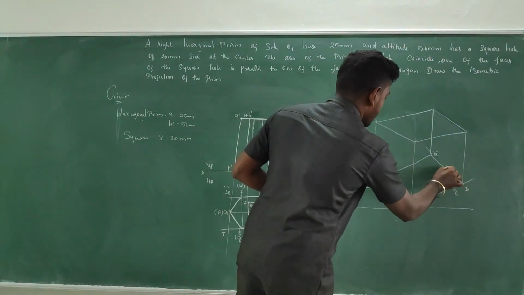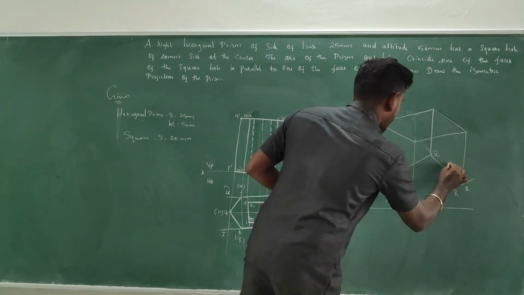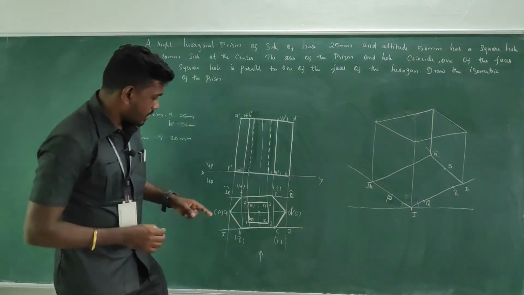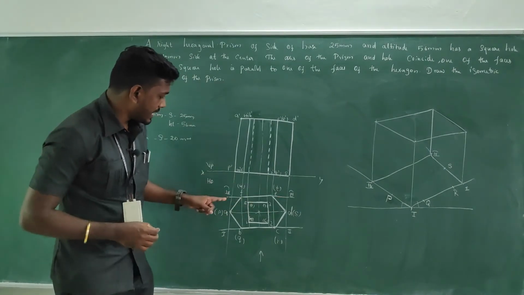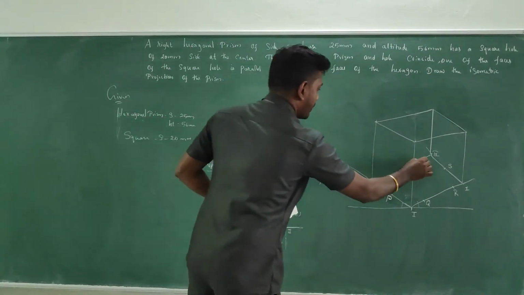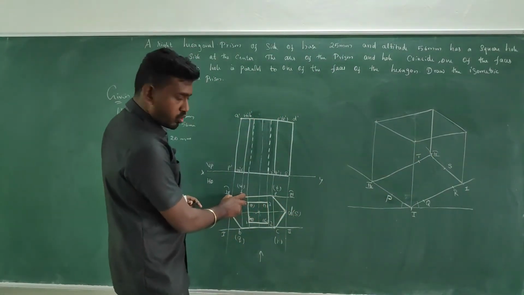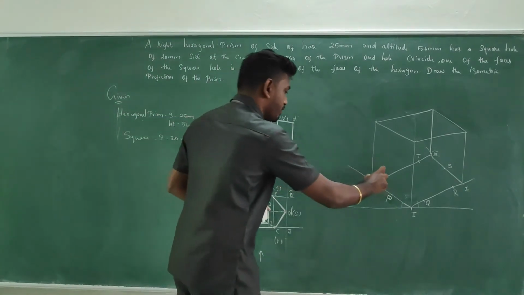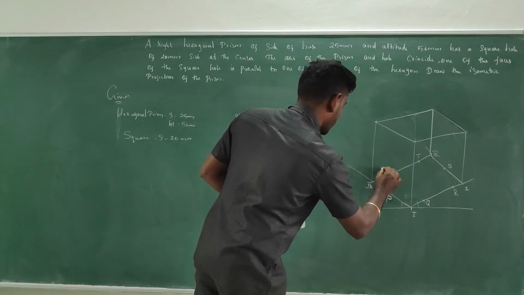Take the measurement from 3 or from 1, convey it, you will get capital S. Where are T and U? Between 3 and 4. The 3 and 4 line is here. Take the measurement, convey it, you get T. Take the measurement from 4 to U. What is the measurement? From 4, just convey it so that you will get U.